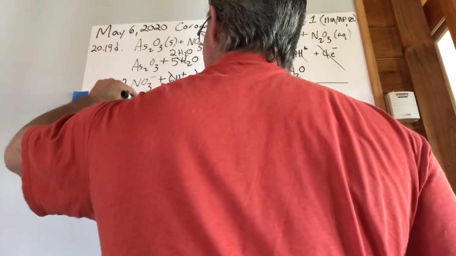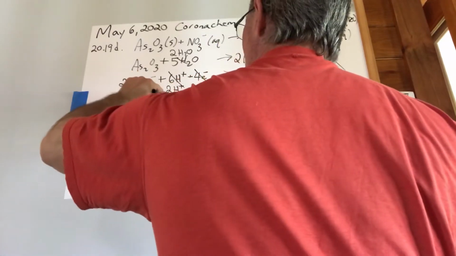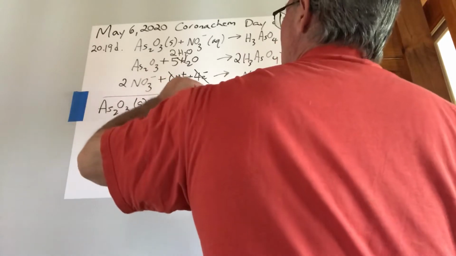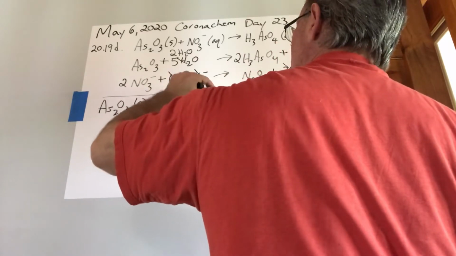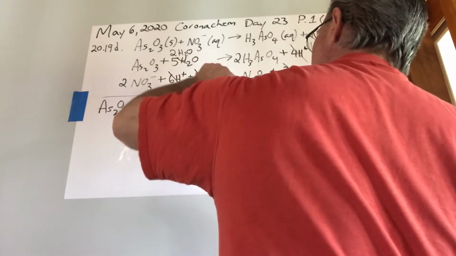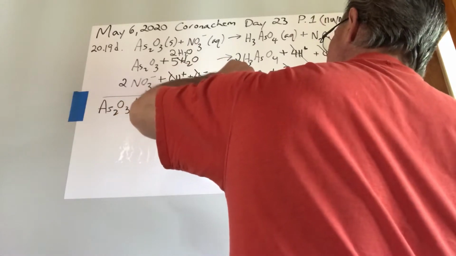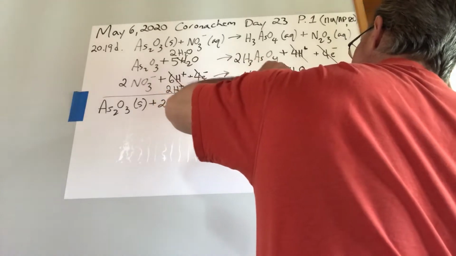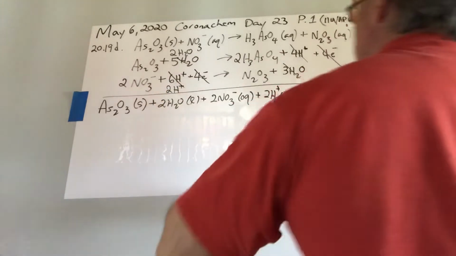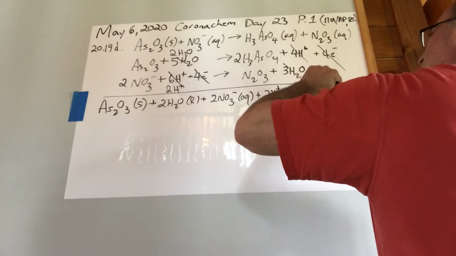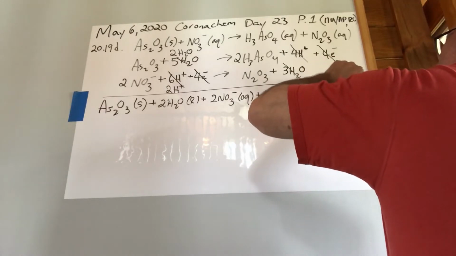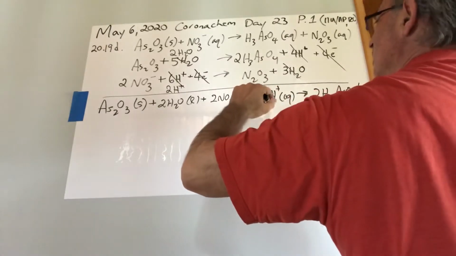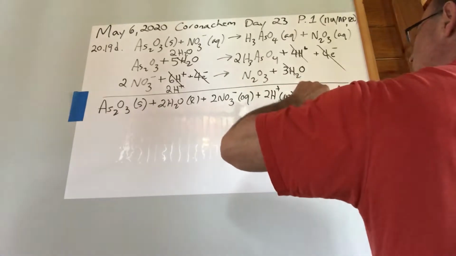So As2O3 solid plus 2H2O liquid plus 2 nitrates aqueous plus 2H plus aqueous gives you 2H3AsO4 aqueous plus N2O3.